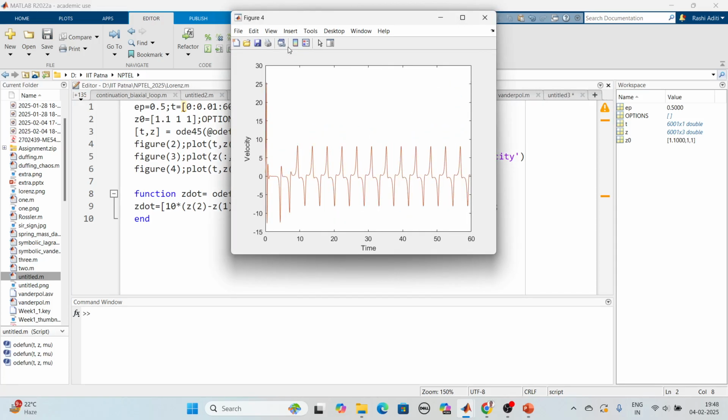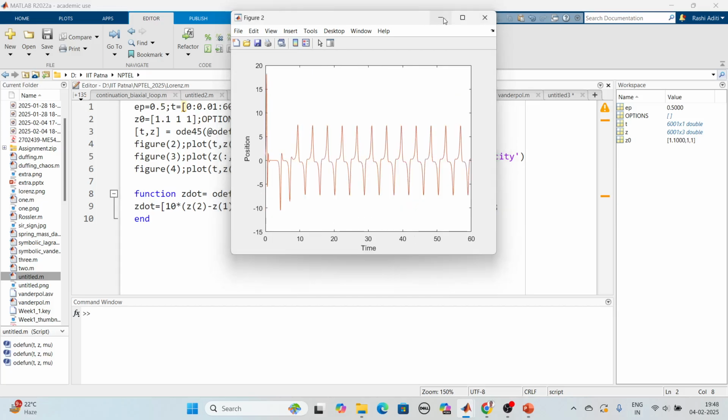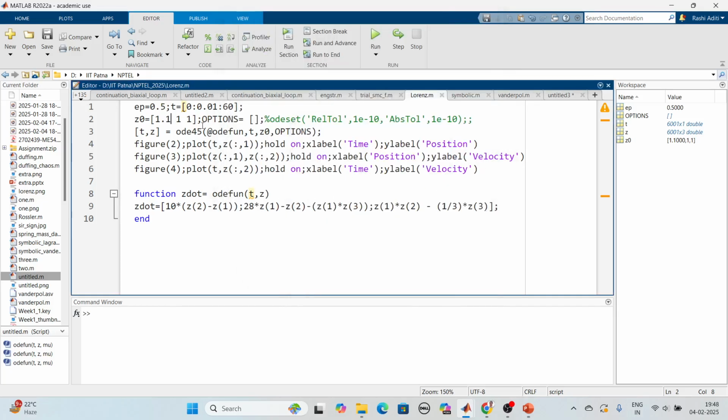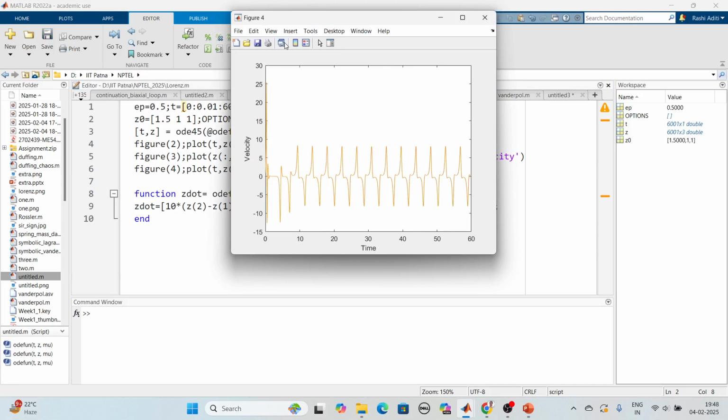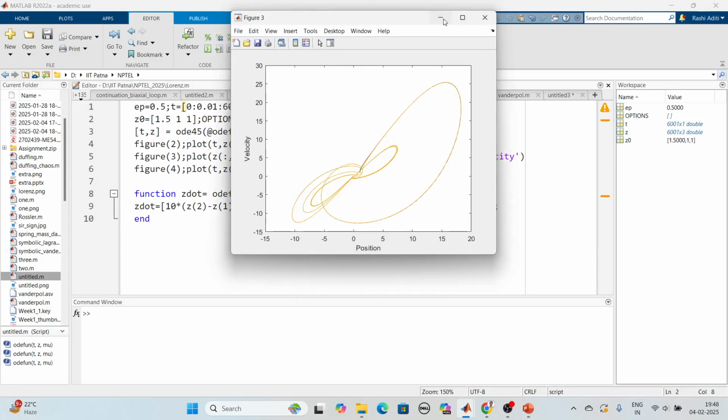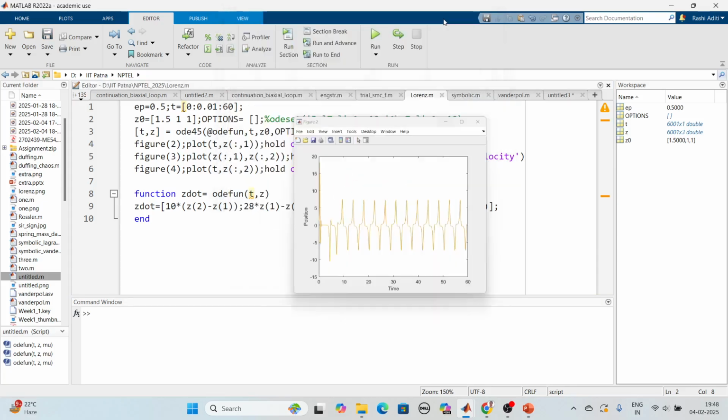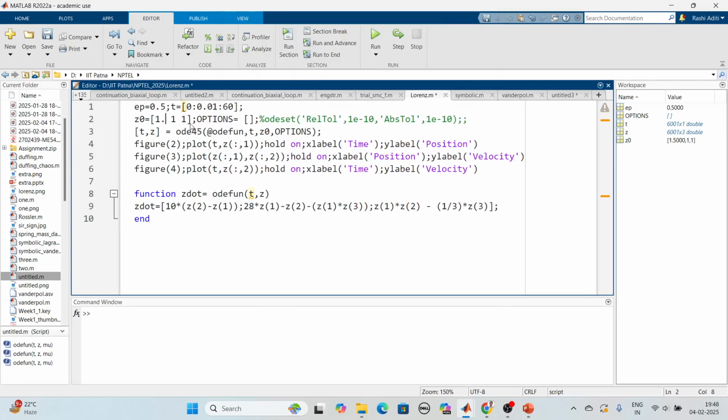Can you see? The response is still the same. Maybe I'll change it to 1.5. See, the response is still the same. Maybe I'll change it to 2.